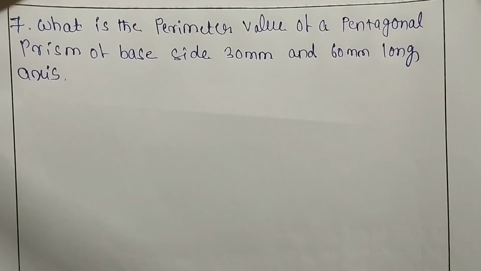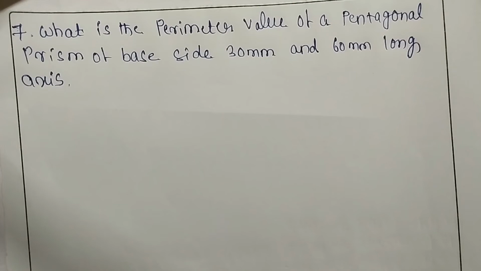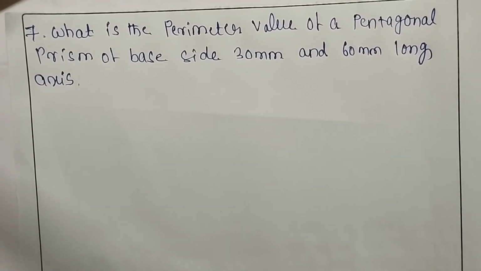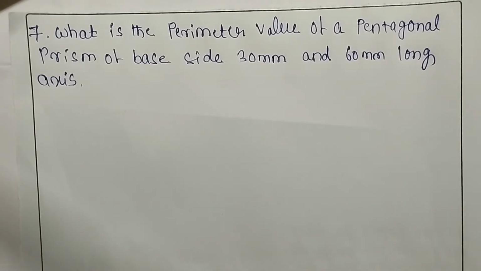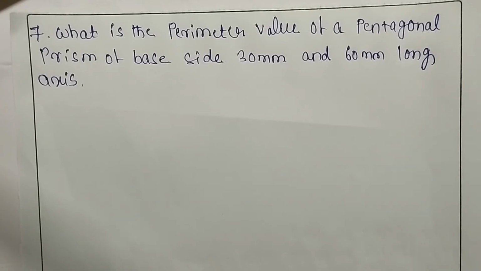Next question: what is the perimeter value of a pentagonal prism of base side 30 mm and axis 60 mm long? Here we have a pentagon, and we all know it has 5 equal sides. Each side is 30 mm.